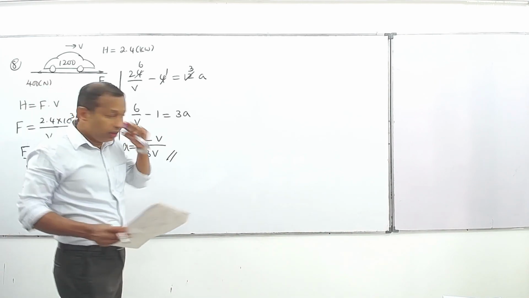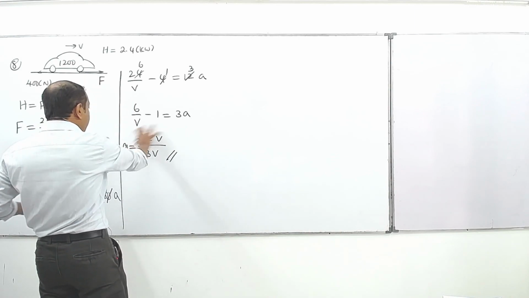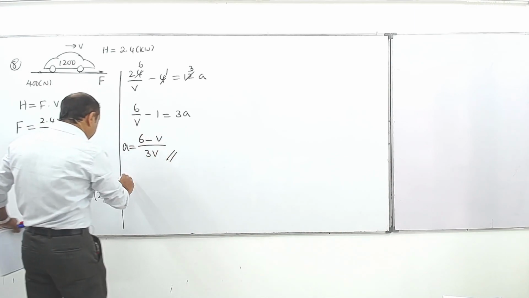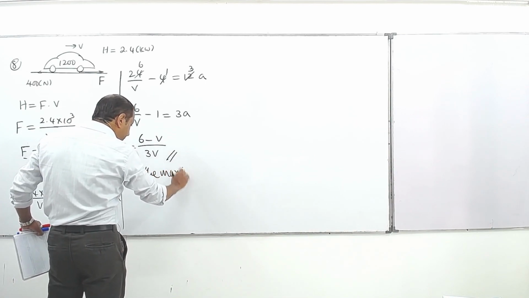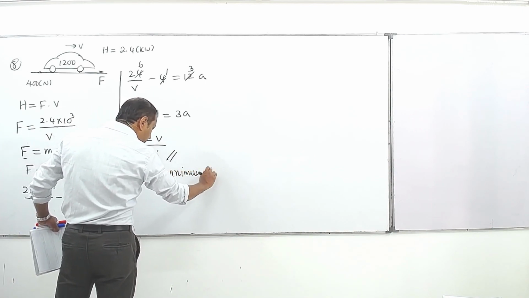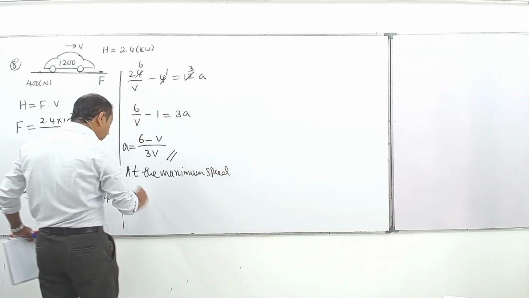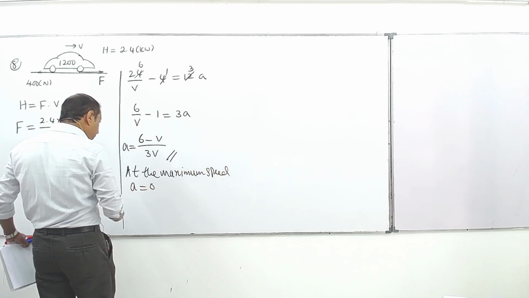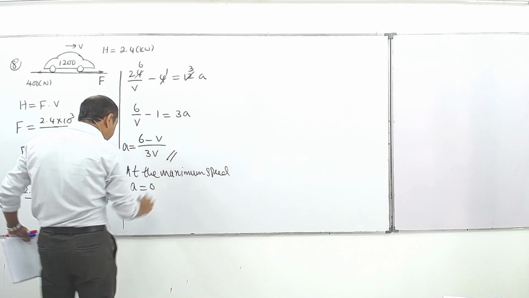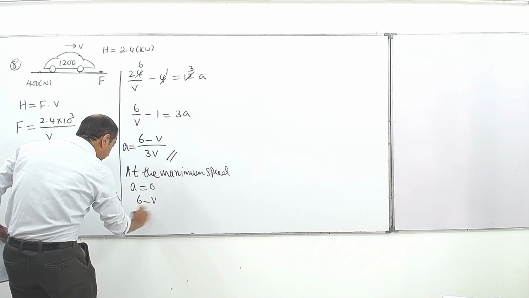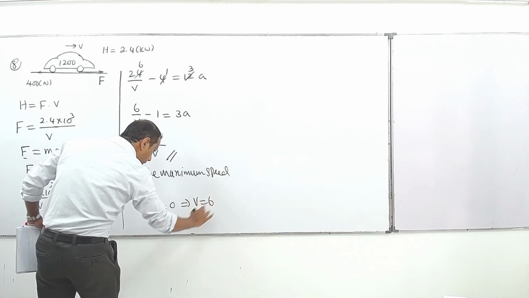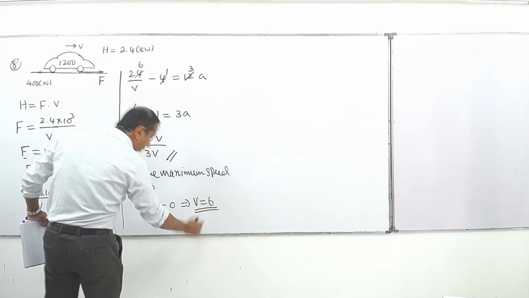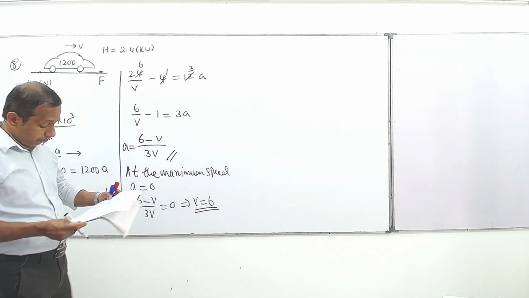That means this must be 0, right? You can write at the maximum speed, a equals 0. A is this, this should be 0. V equals 6. Right.